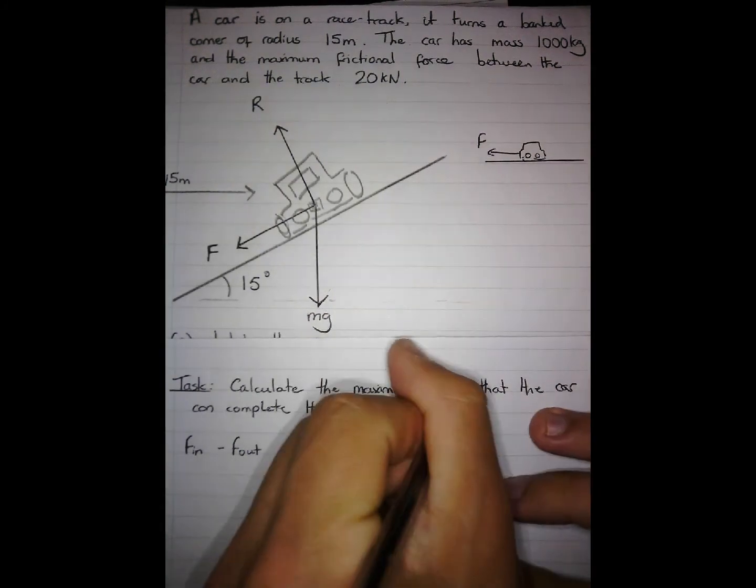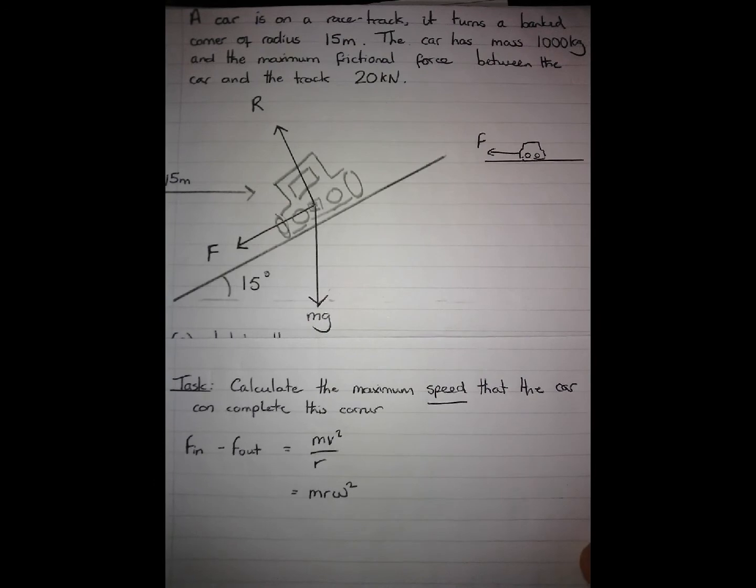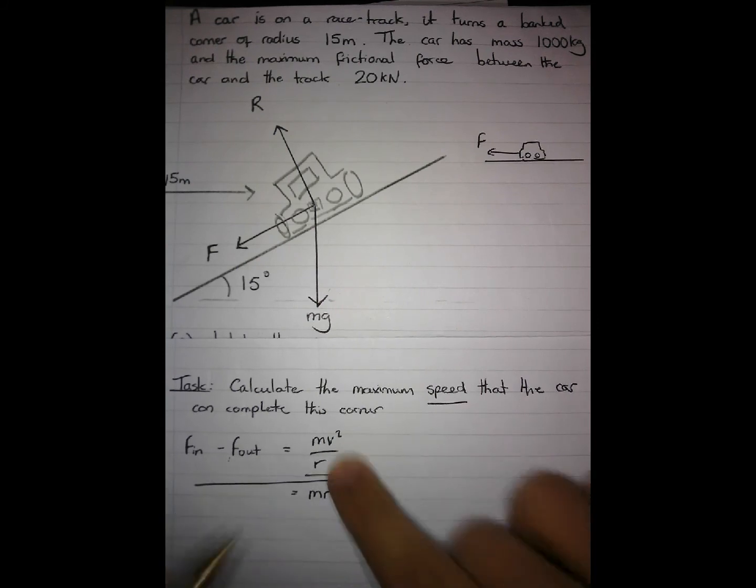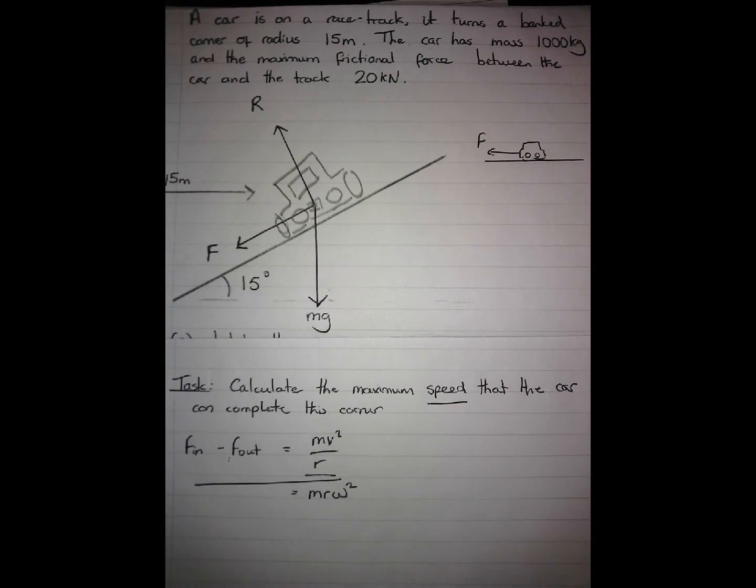The question's asking us to calculate the maximum speed, which means that the first form of that formula is the correct one to use. So at this stage, remember that's our condition for circular motion, which in this case is the condition for the car to stay on the track.